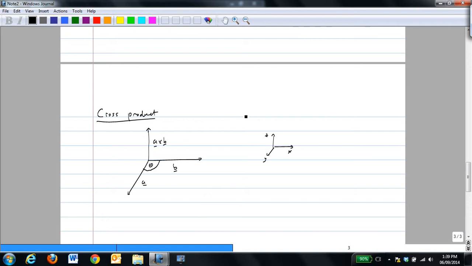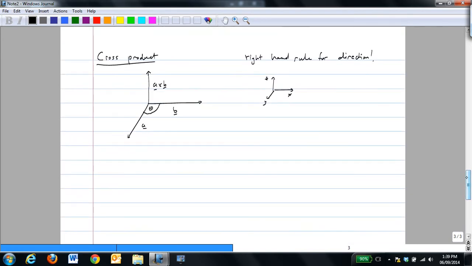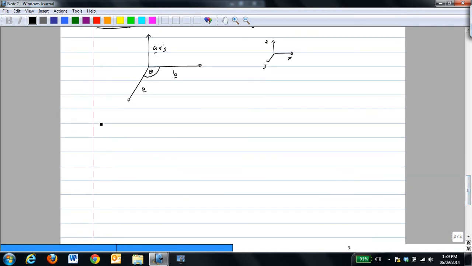So I'll write that down. In physics that's used a lot, but you can also find it through mathematics. So the formal definition of the cross product is similar to the dot product.